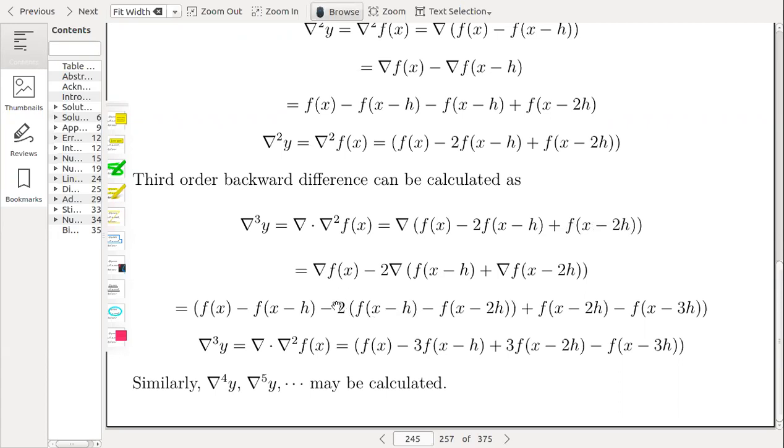Then we can simplify, because nabla f of x is equal to f of x minus f of x minus h, so f of x minus f of x minus h, minus 2 times f of x minus h minus f of x minus 2h, plus f of x minus 2h minus f of x minus 3h.